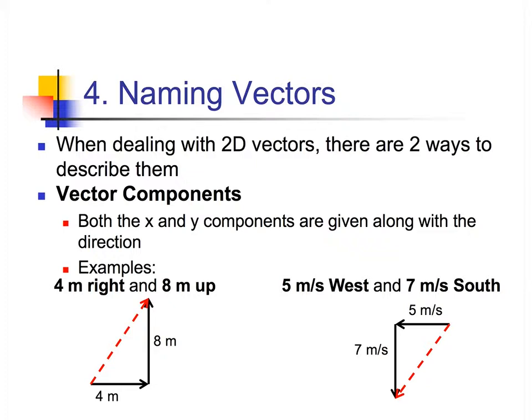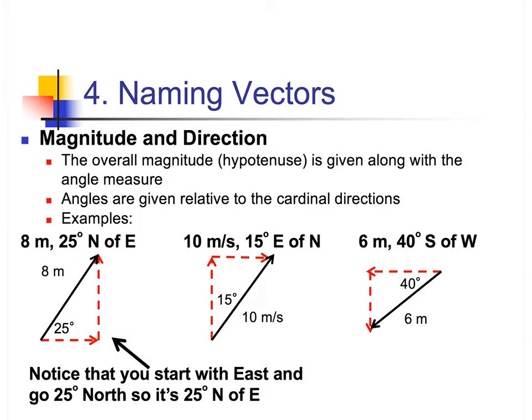All right, we don't need to necessarily know the actual distance from one point to another, or the angle, the heading we sometimes call it. We just need to know the 2 components, and that is sufficient. The other way that we can name it is without the 2 components, we can give the actual distance and give the heading. Okay, so in this case, we're going to give the magnitude of the vector, right, which is the hypotenuse, and that's an important point.